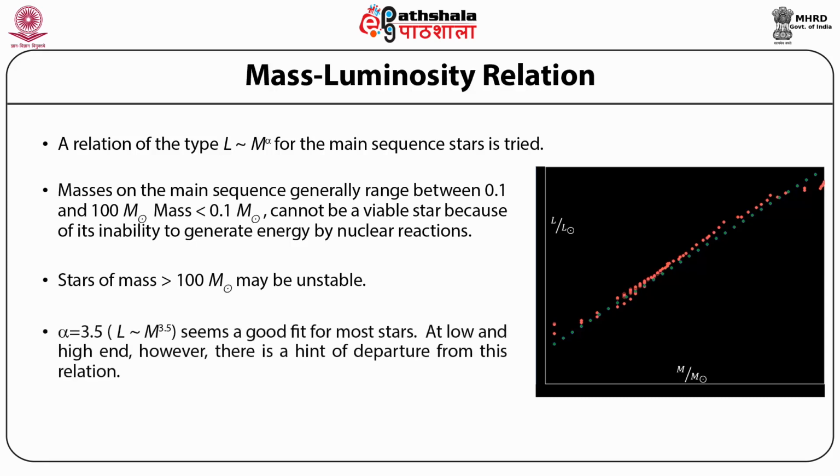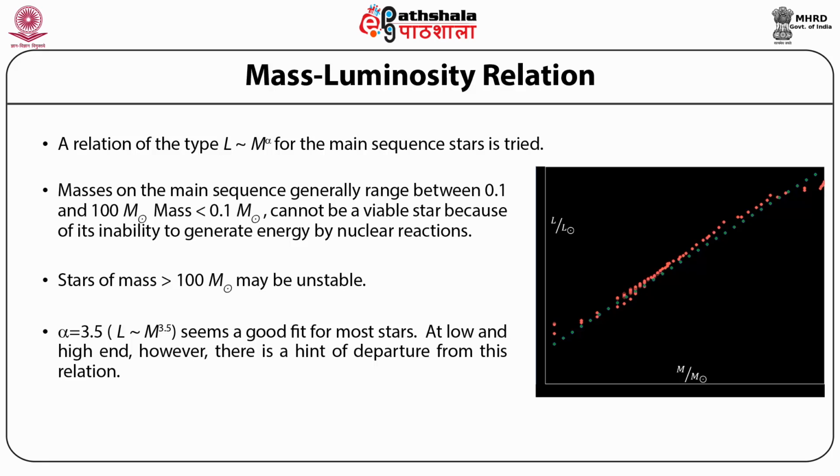Alpha equal to 3.5, L directly proportional to m to the power 3.5, seems a good fit for most of the stars. At the low and high end, however, there is a hint of departure from this relation. The figure presented here shows the same data used in the earlier figure, now plotted in log-log form.